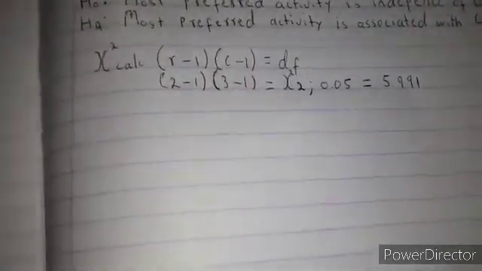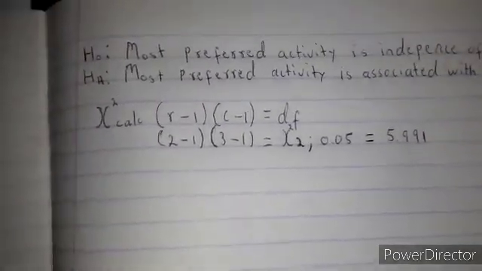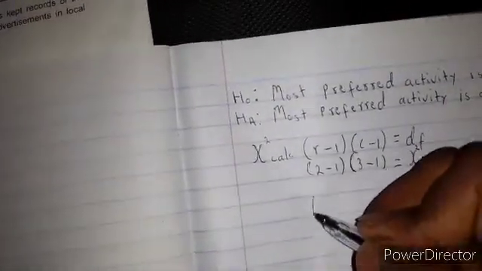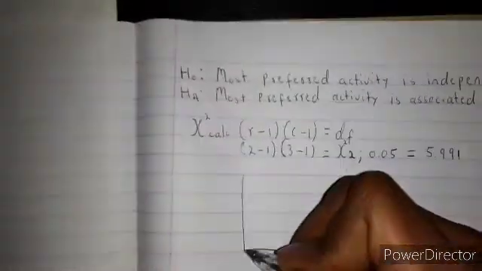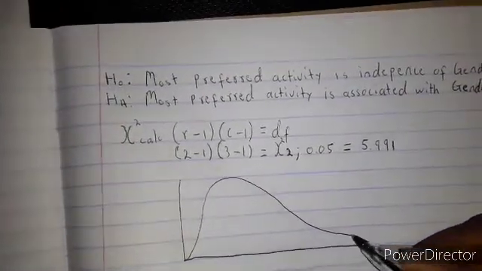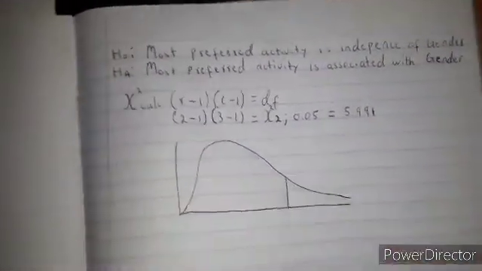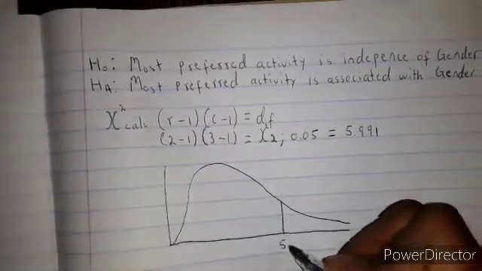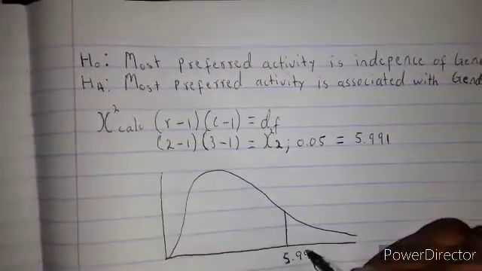Then we are going to draw the chi-square distribution curve and then determine the rejection area. There's the chi-square distribution curve. Our rejection area starts from 5.991.